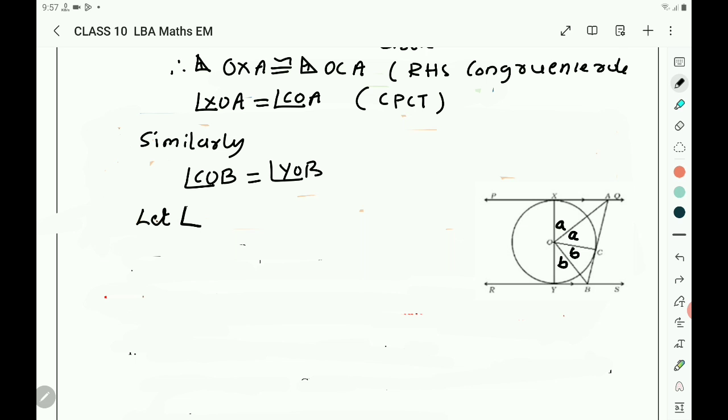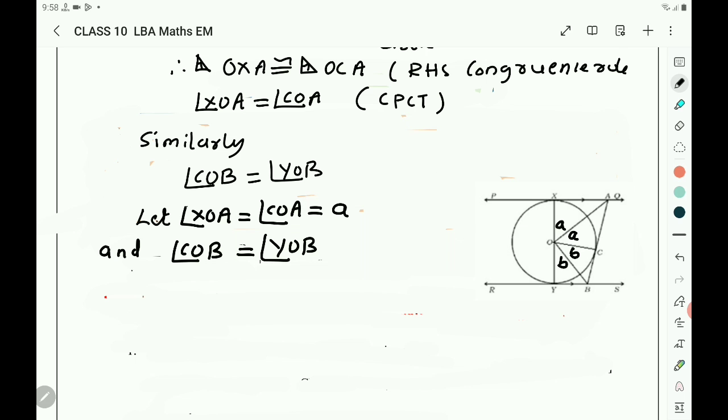Let angle XOA equals angle COA equals what? A, and here angle COB is equals to angle YOB. Angle COB equals angle YOB equals B. Now take the sum of all these four angles.